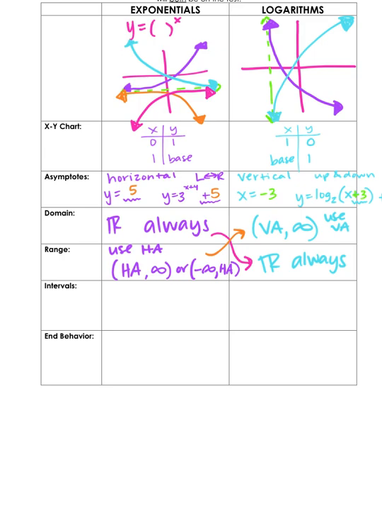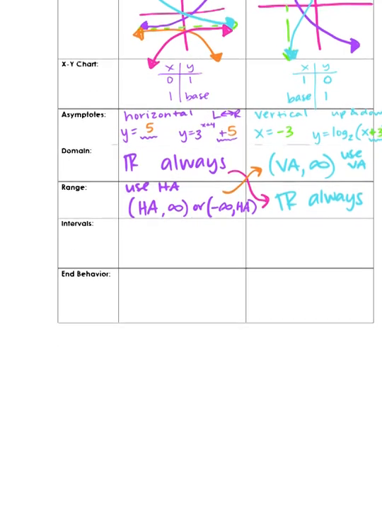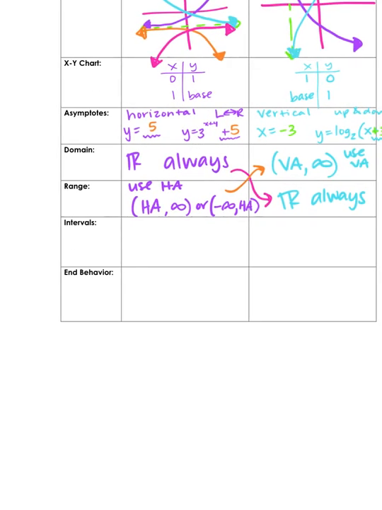All right, intervals of increase or decrease. The nice thing here is that it is the same as my domain, because these are going to stay together. My domain and my intervals of increase or decrease, my range and my end behavior will deal with the same values.